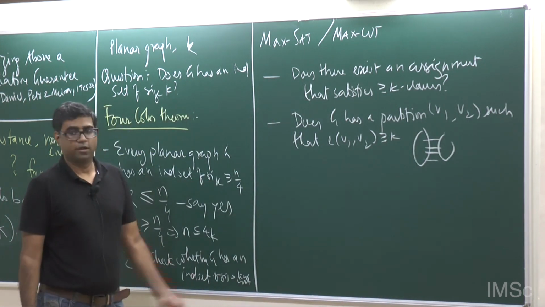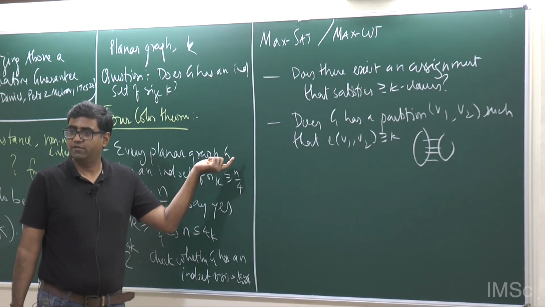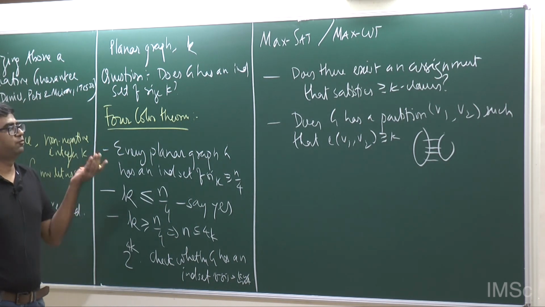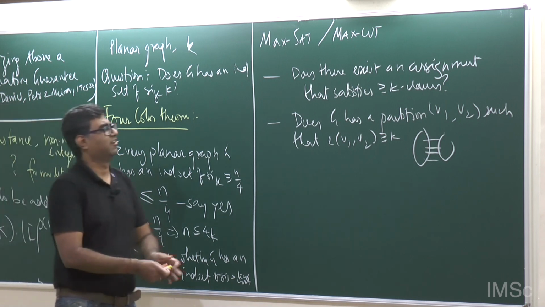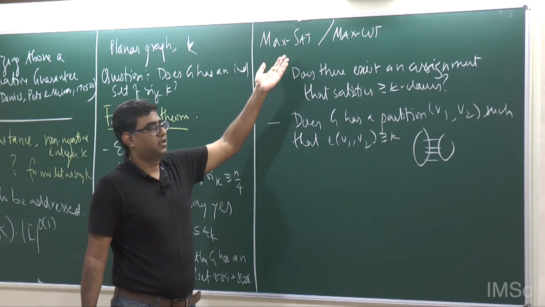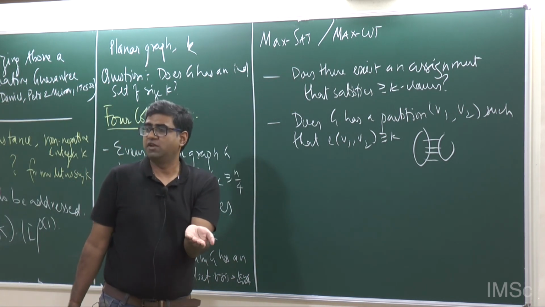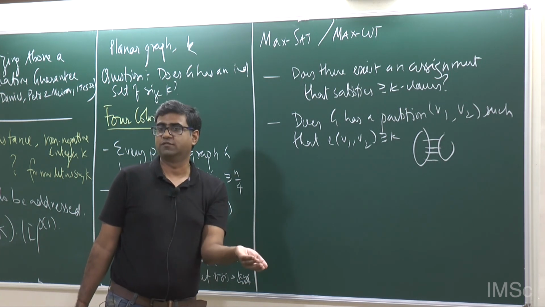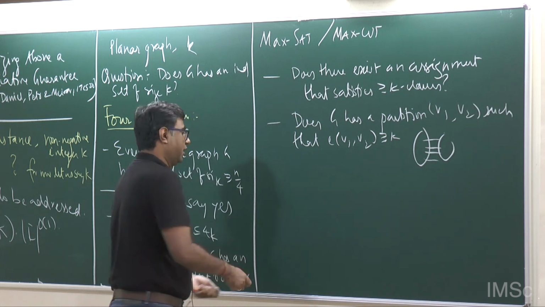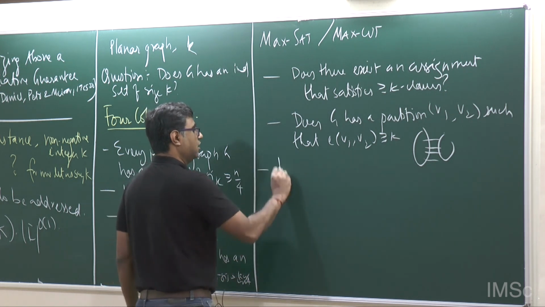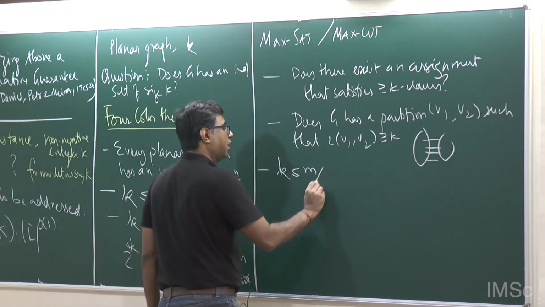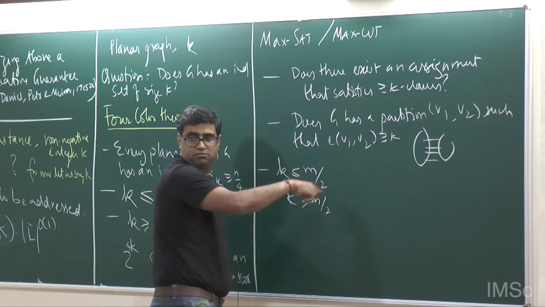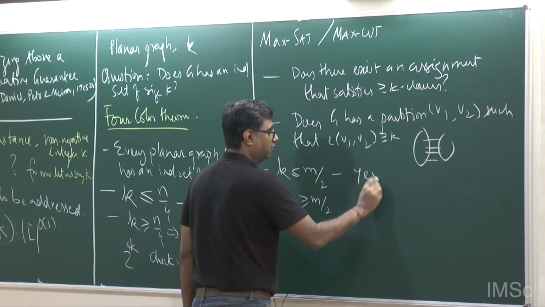Okay? For such problems also, do we have a trivial algorithm the way we have here? Right? If you use the probabilistic method, for MaxSat, look at any arbitrary assignment. Either it satisfies half the clauses or its complement satisfies half the clauses. So I again can say the same thing here. Is k less than or equal to m by 2 or k greater than or equal to m by 2? If it is the former, the answer is yes.